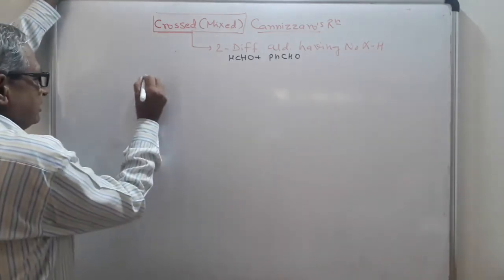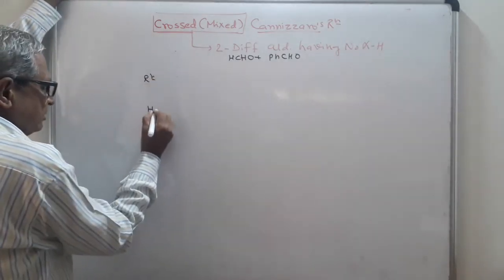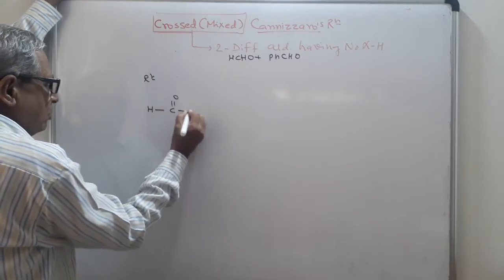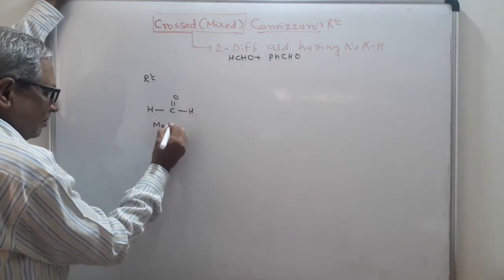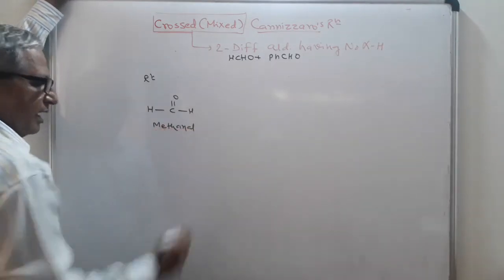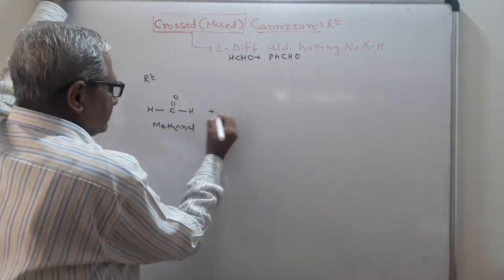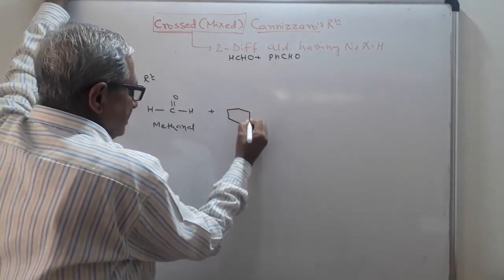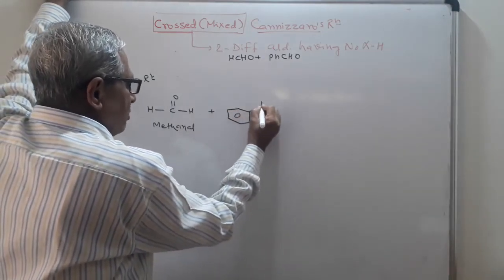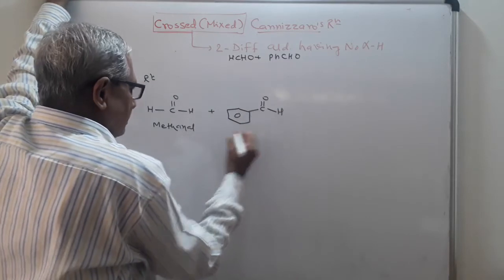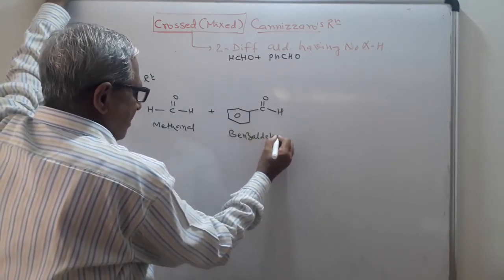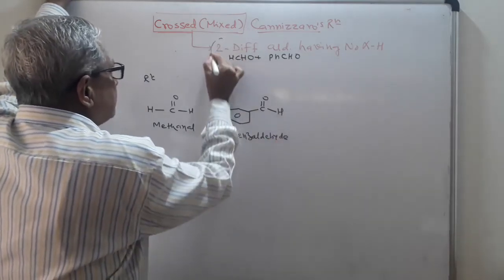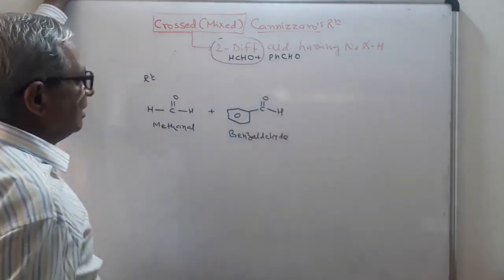Now see the reaction here. H C double bond O, H. It is also known as formaldehyde. Second molecule, benzaldehyde, C double bond O, H, benzaldehyde. So these are the two different aldehydes.